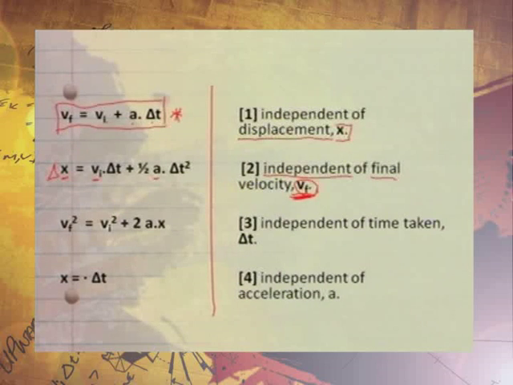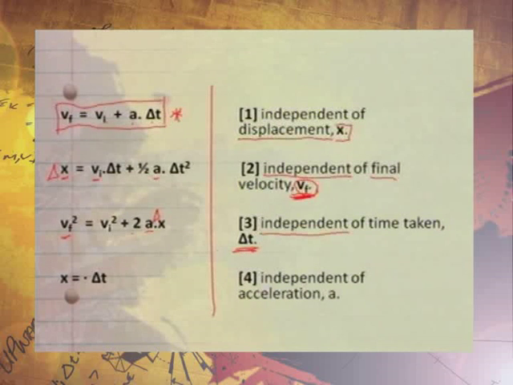The third equation, we have this one: V final squared equals V initial squared plus 2A delta x. Now this one is independent of time.